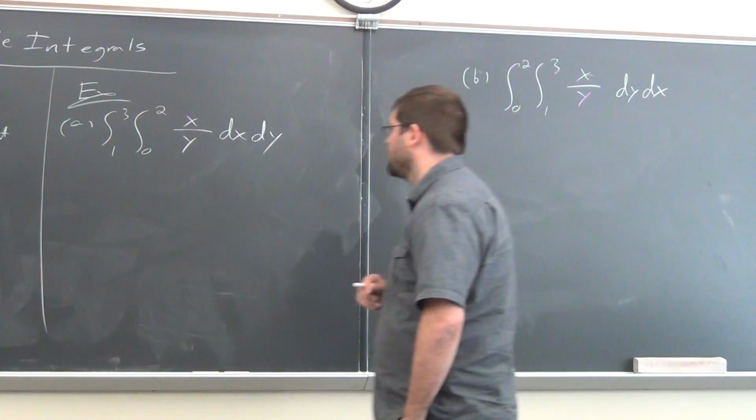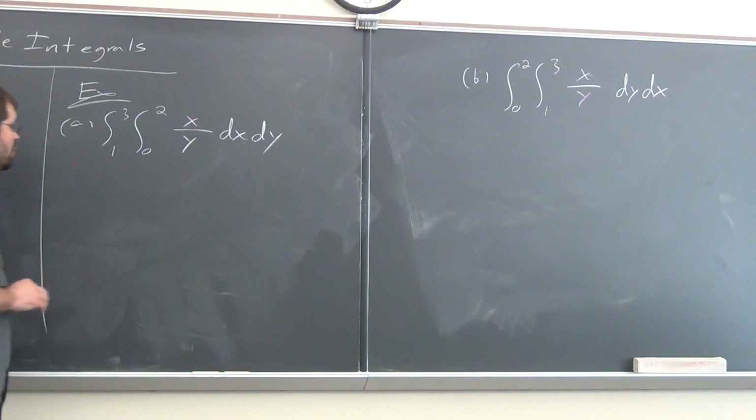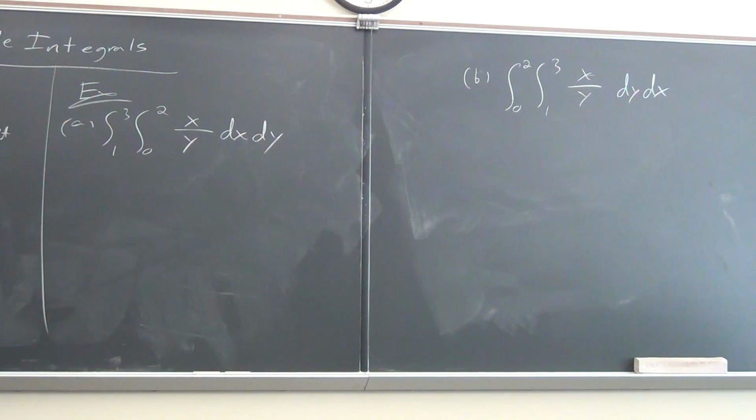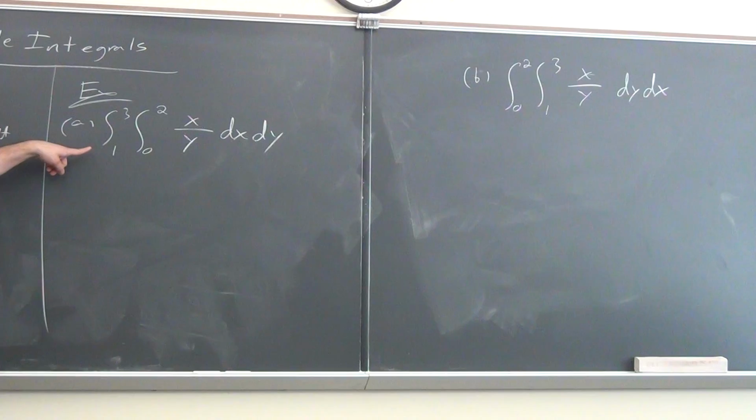Let's just try to integrate this. I'm going to draw the regions for both of these. You don't necessarily need to do that. If you're asked this problem, I would just go ahead and start integrating if you can, and everything works out just fine. But what does this look like?